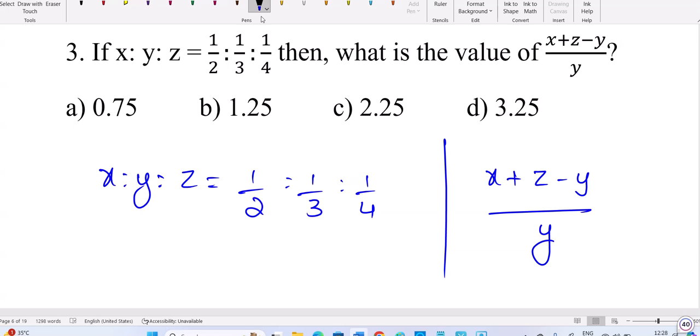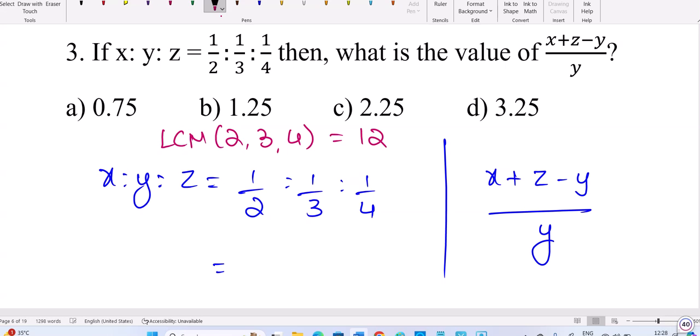What we suggested before proceeding with the question is that all terms should be converted into integers. Here all are fractions. To convert to integers, take the LCM of the denominator values. The denominators are 2, 3, 4, and the LCM is 12.